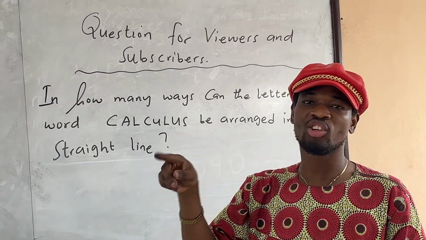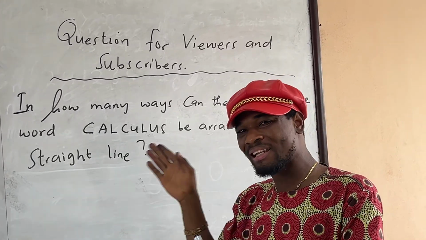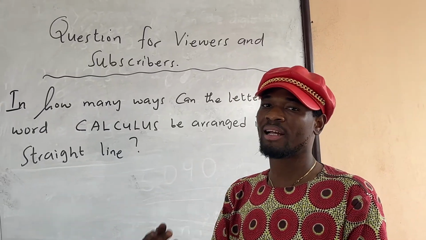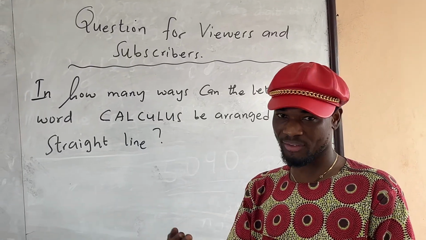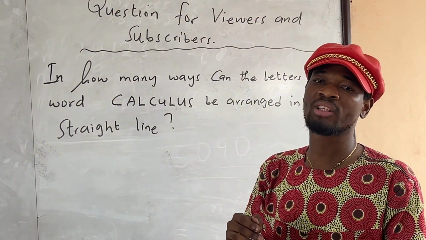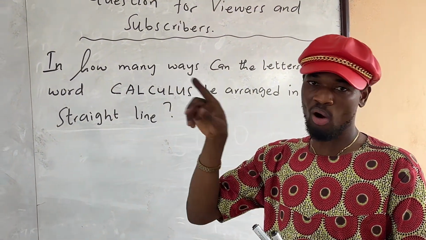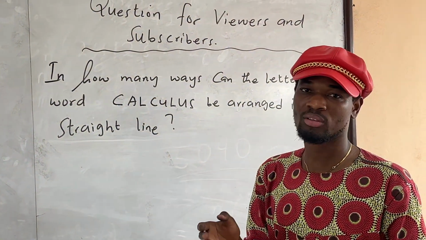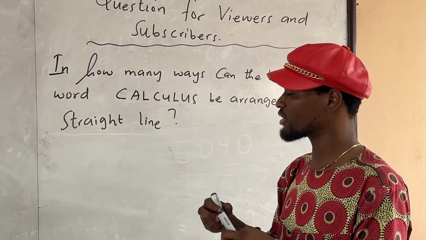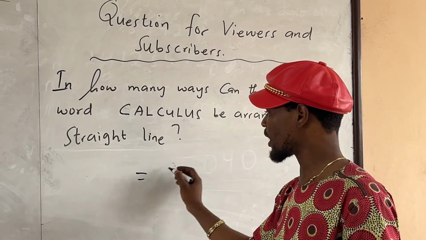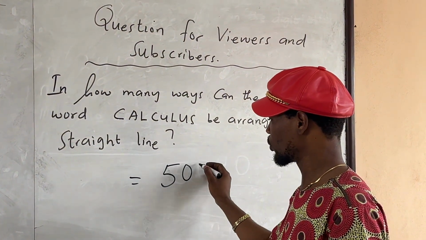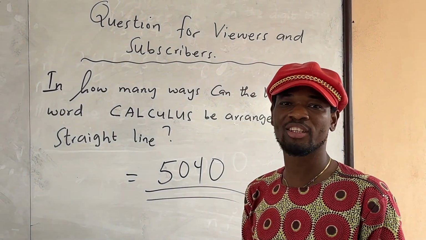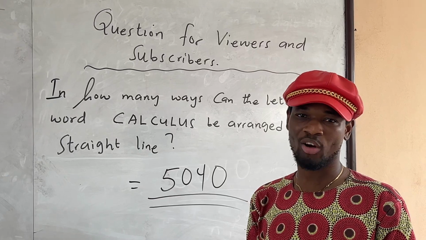You let n1 denote one letter appearing more than once, n2 denoting another letter appearing more than once in that regard. Then you use the formula n factorial over n1 factorial times n2 factorial times n3 factorial. When you simplify all this, you should arrive at the answer 5040. You can indicate your answers in the comment section.